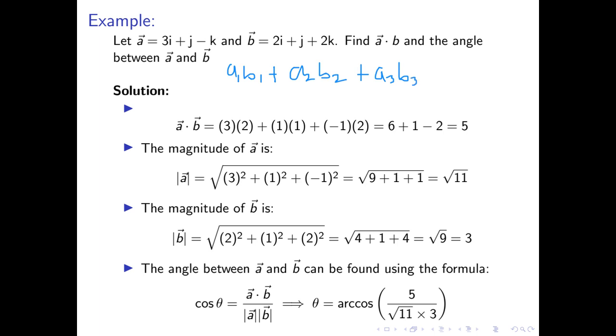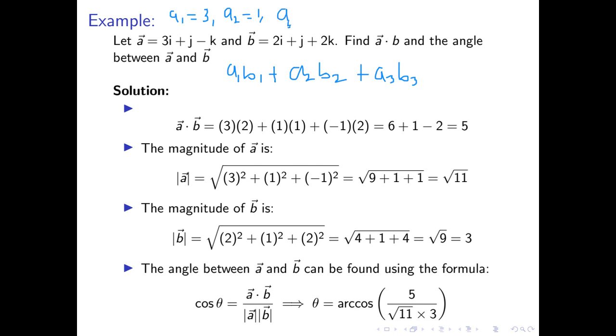So what is A1 here? A1 is 3i, so A1 is 3. A2 is 1. A3 is minus 1, right?